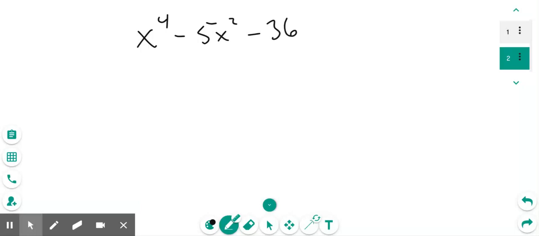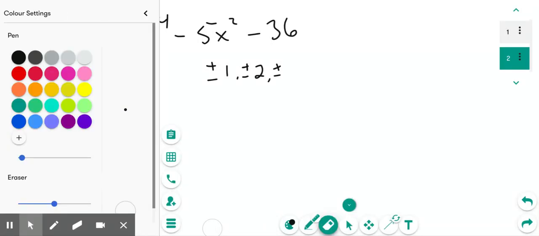So what are possible real, or rational, zeros? So we got plus or minus 1, plus or minus 2. Remind ourselves this is the factors of 36 over the factors of 1. Oh, that's not plus or minus 36. I was saying that, and I should have been writing plus or minus 3.